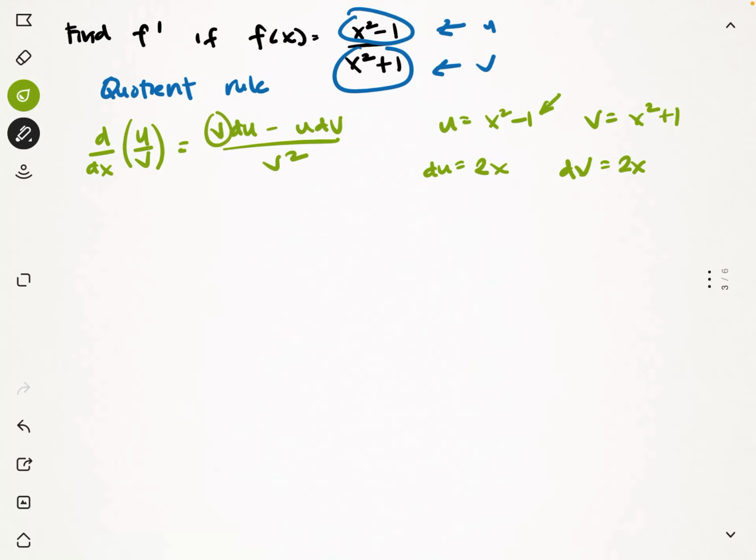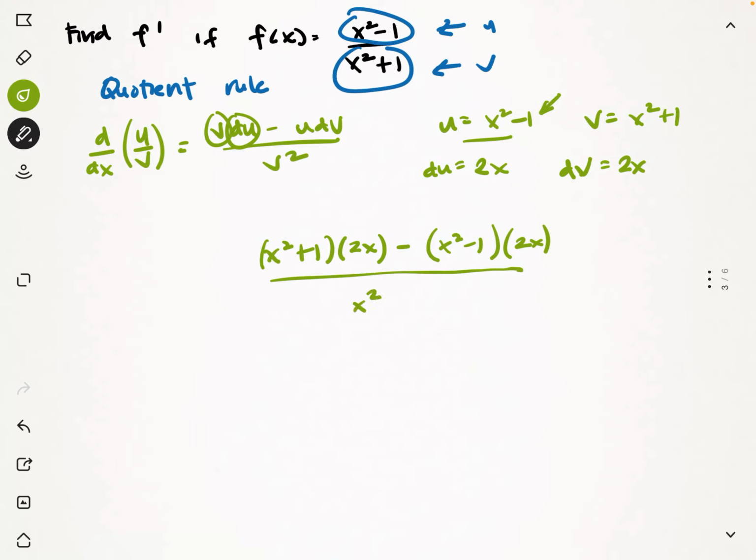We've got v du, so v du, minus u dv, all over v squared, so x squared plus 1 squared.